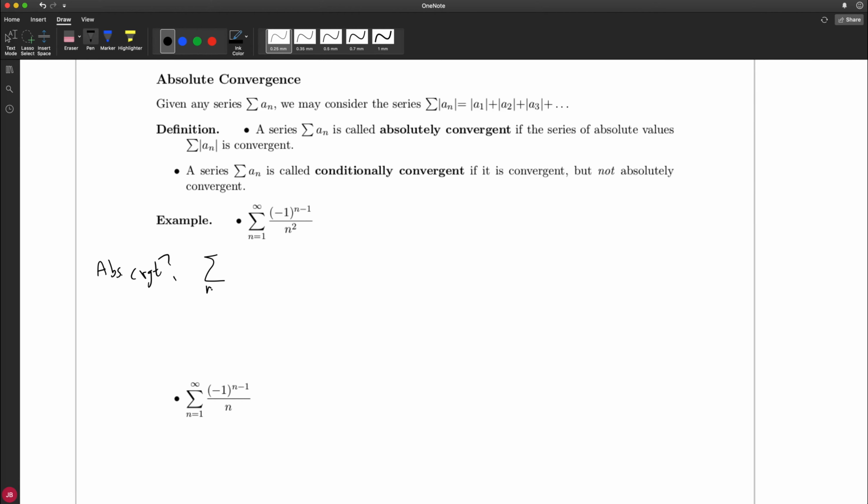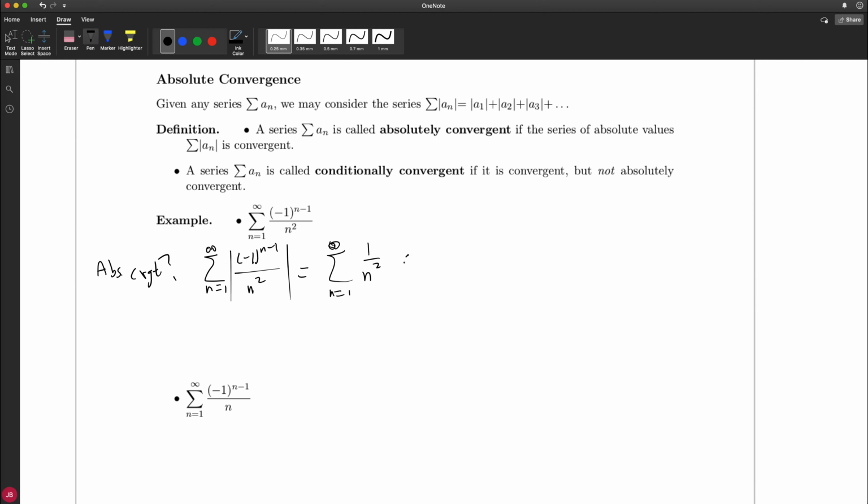You look at the sum from n equals 1 to infinity of the absolute value of the summand. And remember what we said all the way back in section 8.1, absolute value bars kill the alternating part. So this is really just the sum from n equals 1 to infinity of 1 over n squared. And so when I throw absolute value bars around the summand, I get a convergent series.